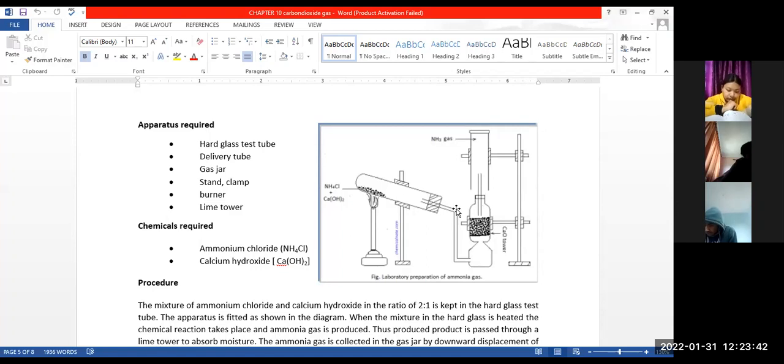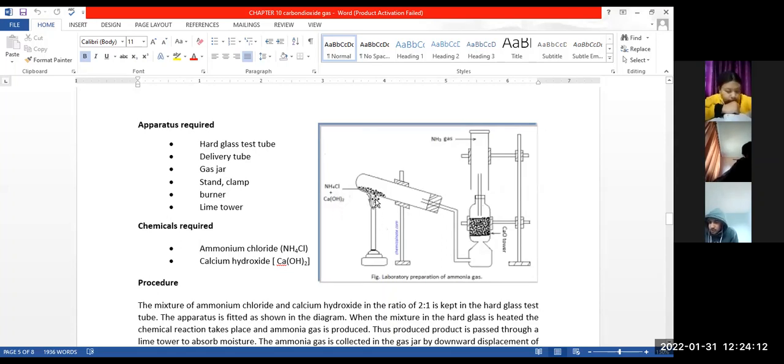And this apparatus must be fitted as shown in the figure. On heating, the hard glass test tube containing the mixture of ammonium chloride and calcium hydroxide, two chemicals placed inside the hard glass test tube, is heated.